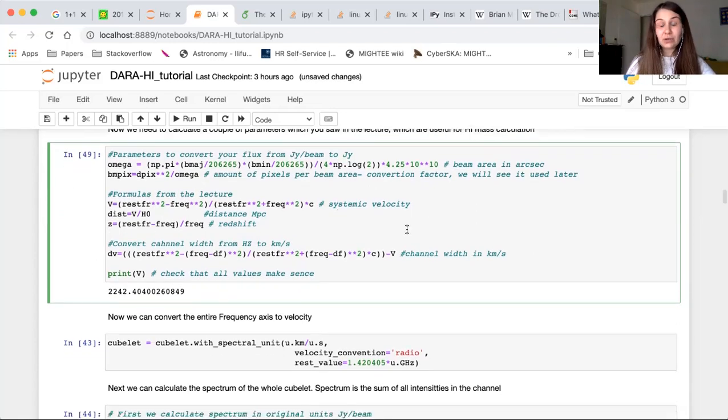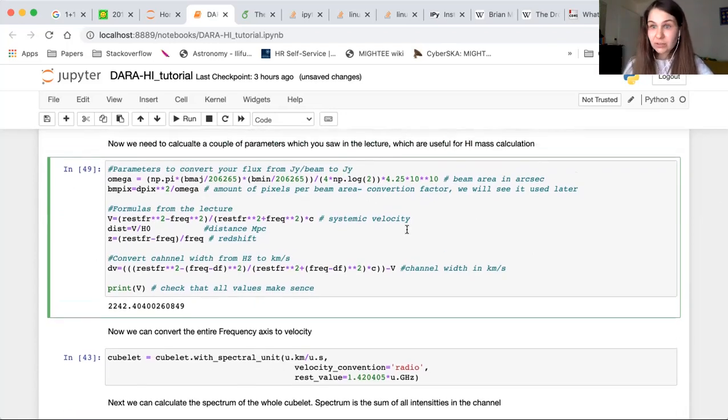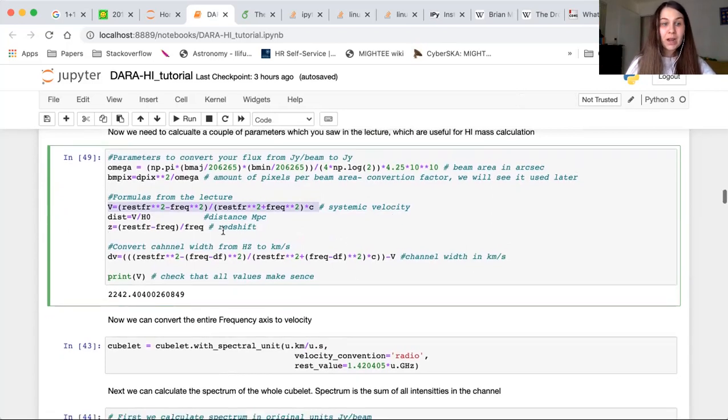Next, what we need to know is the systemic velocity of our source, because our data cube is in frequency. So by using the formula, we can convert from frequencies to velocities just by knowing the rest frequency, which we imported as the first useful constant, and the observed frequency of your source, which we calculated.